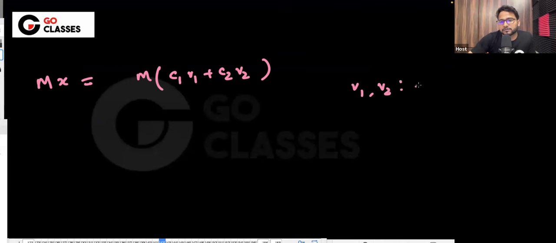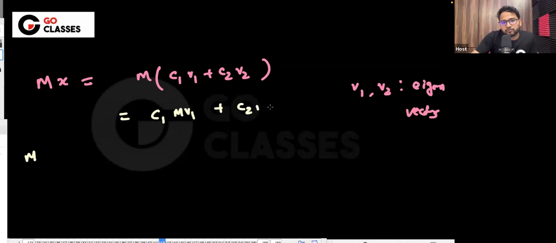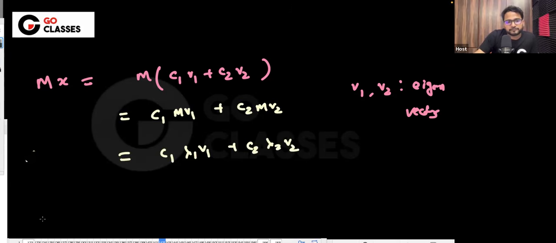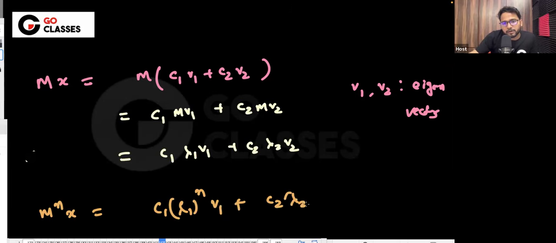So basically, M into x will be something like this. You can write this x as c1 v1 plus c2 v2, where v1 and v2 are the eigenvectors. Now you can check the behavior. If you keep on multiplying, this will be c1 into M v1 plus c2 into M v2, which is same as c1 into lambda 1 v1 plus c2 into lambda 2 v2, right? Now if you keep on multiplying, it will be c1 into lambda 1 power n v1 plus c2 into lambda 2 power n v2.